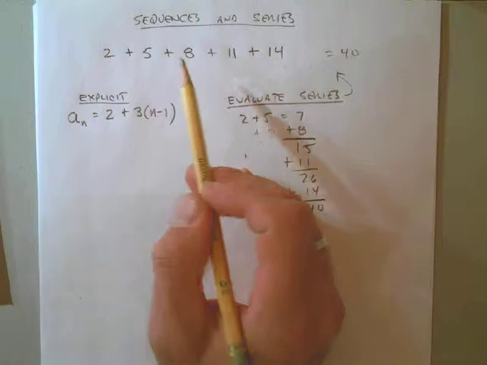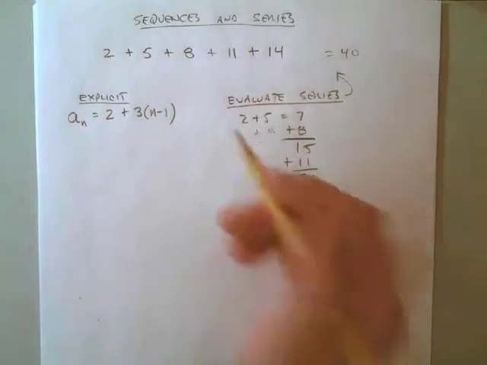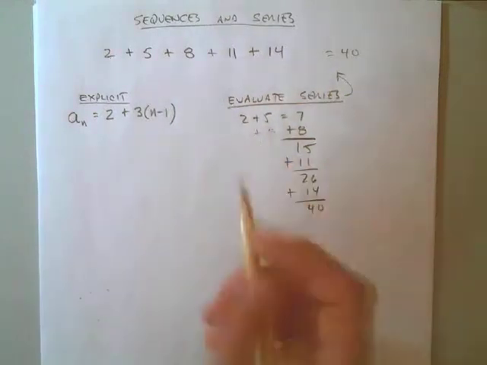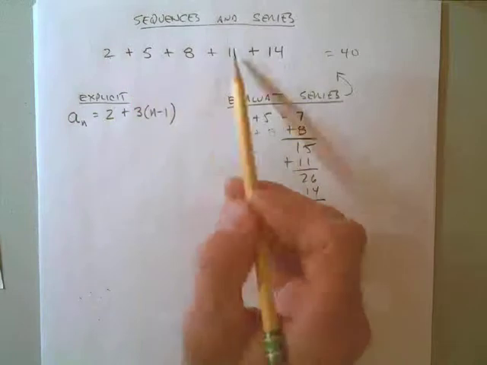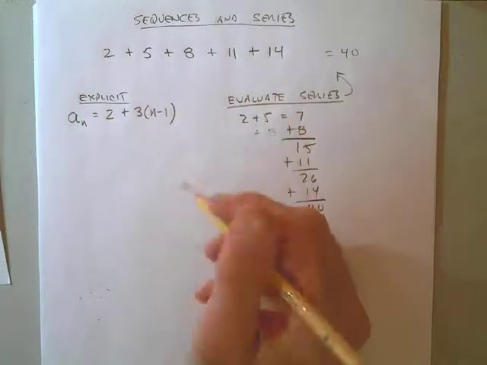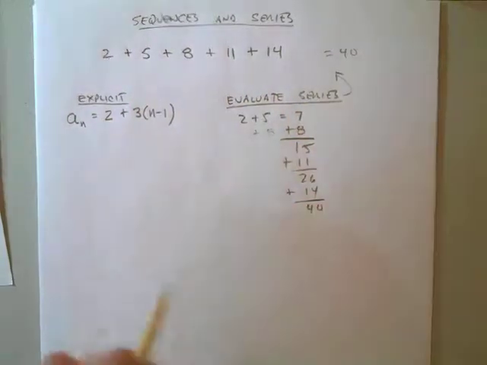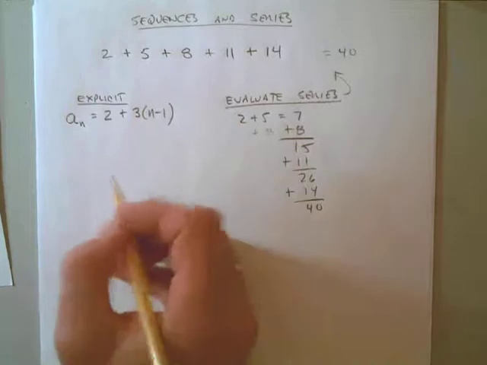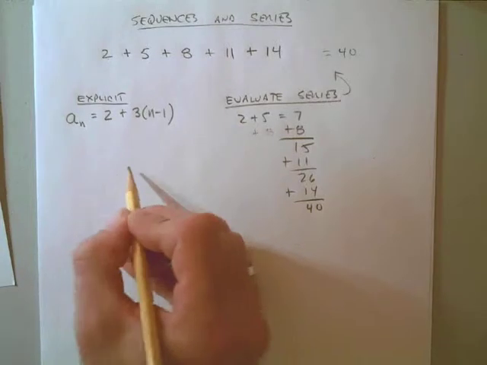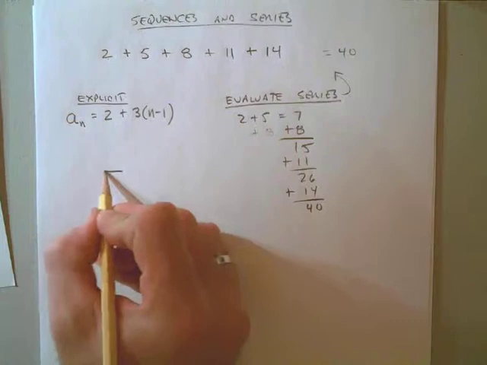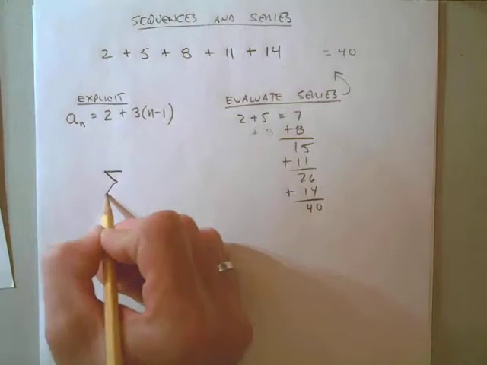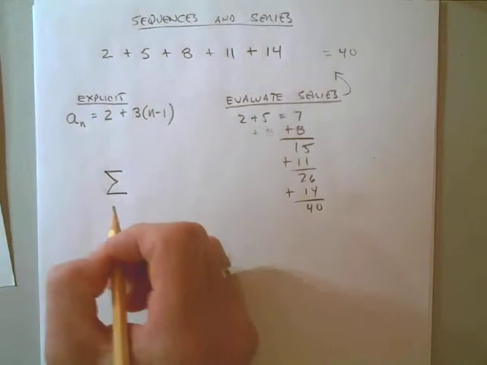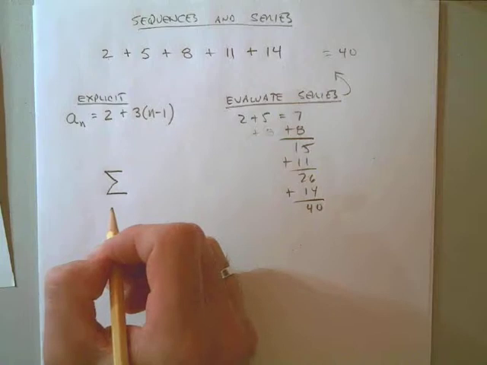Well, it turns out that there is mathy notation to represent this series. And let me explain to you how it works. So, a series means that we're adding together or that we are summing the numbers. Sum means add. And it turns out there's a Greek letter called the sigma, which is the Greek for capital S, and it stands for sum.